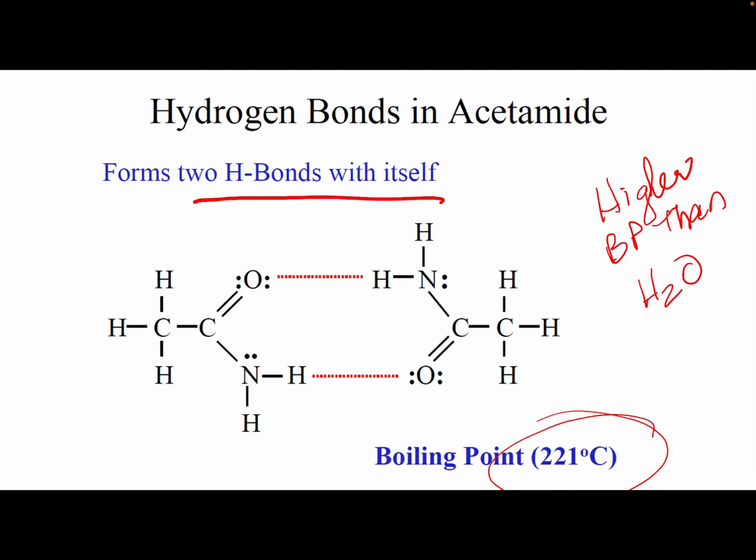If you're ever asked why something is going to have a higher boiling point than something else, it's because A, it might be bigger, but look for hydrogen bonding first as a reason why a boiling point is significantly higher. This acid not only can form 2 hydrogen bonds with itself, it's also bigger. So it's going to take more energy to make it go into the gas phase.